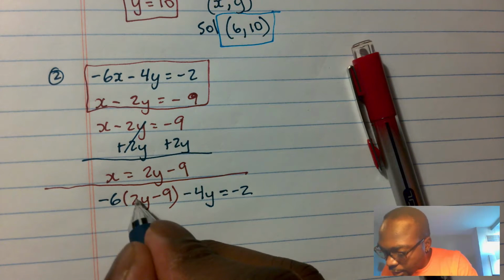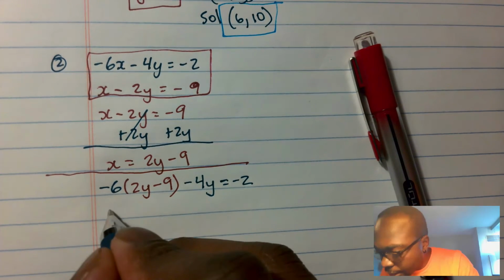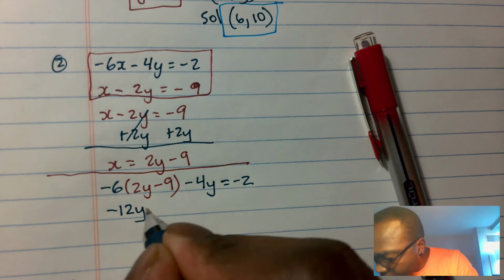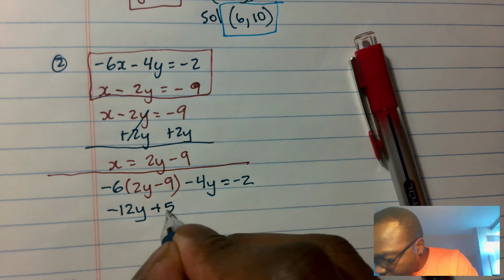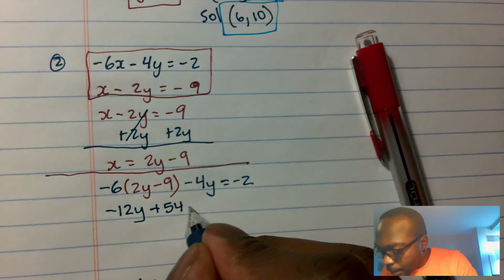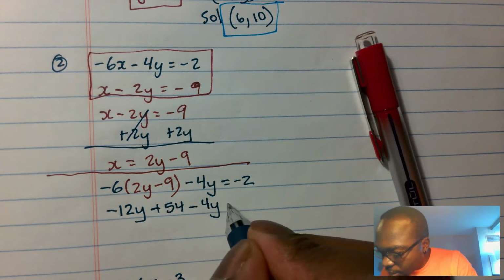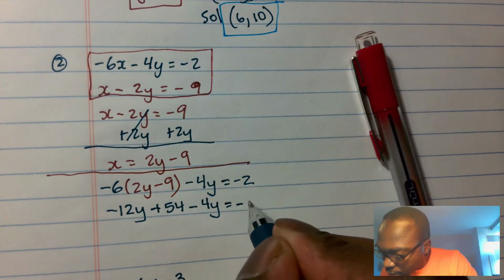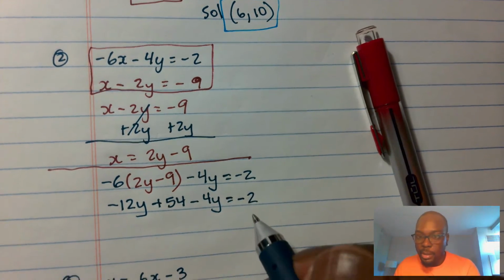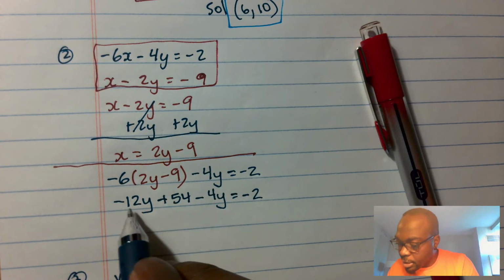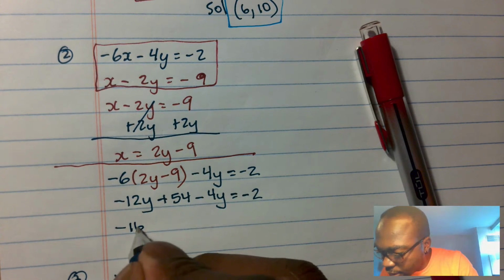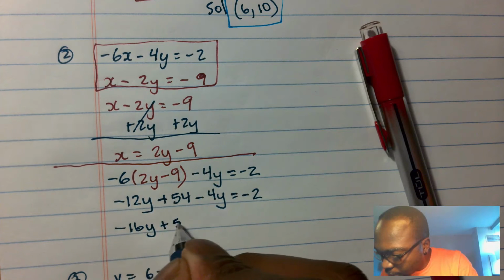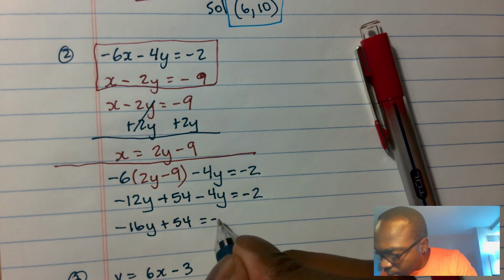When I distribute here, I get negative 12y plus 54 minus 4y is equal to negative 2. I combine like terms, so I get negative 16y plus 54 is equal to negative 2.